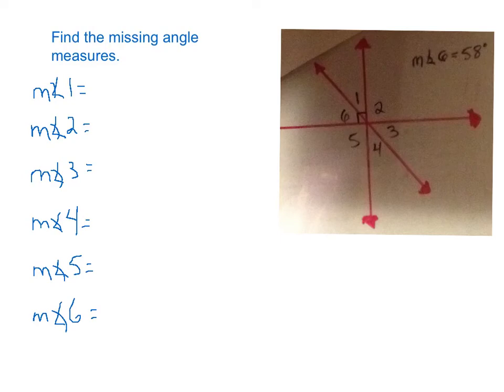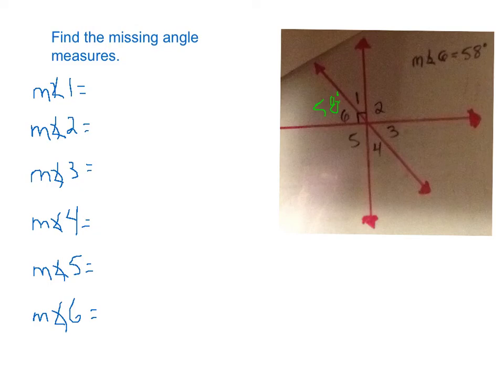Alright, so we're going to use all of that information that we just talked about to find some missing angles. We know that angle 6 here is going to be 58 degrees, so I'm going to go ahead and label that. If you look at angle 1 and angle 6, those are complementary, so those should equal 90 degrees.